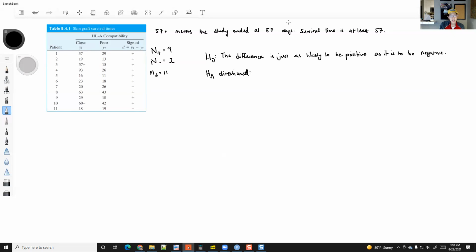We're basically saying we expect the close match to last longer than the poor match, which basically means the sign of the differences are more likely to be positive.